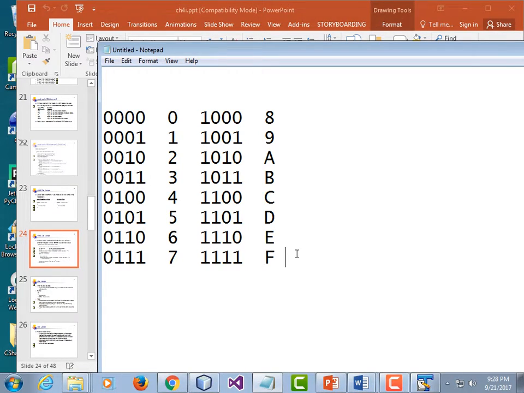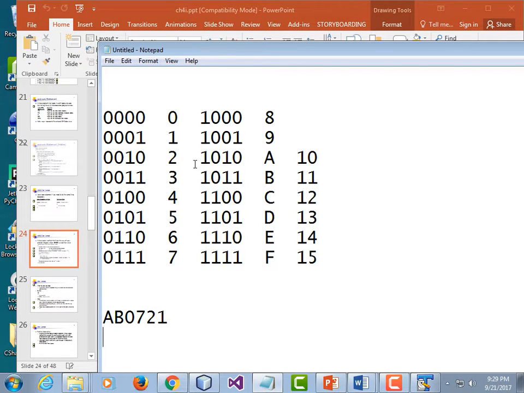Okay, so based on that, we can convert from a series of digits. I'm just going to put a 10, an 11, a 12, a 13, a 14 and a 15 here, just to remind ourselves what those mean. If you have this series of digits, you can convert those to binary really easily just by looking them up. What's an A?